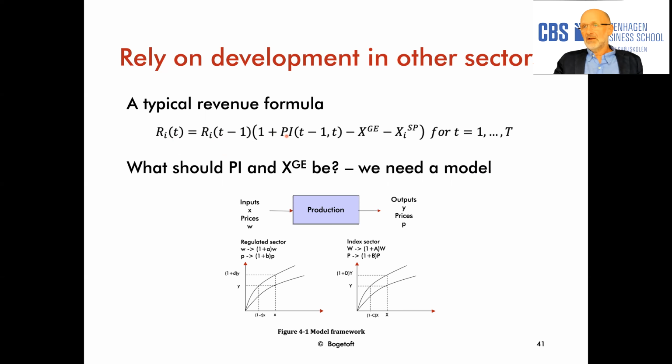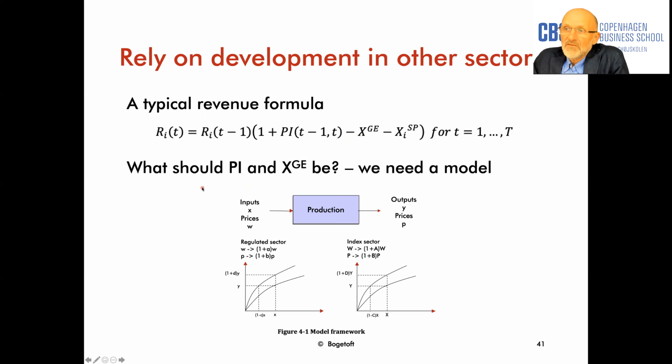I subtract this general productivity development, which is supposed to capture frontier shift, and then my individual requirement. Now the question is, how can you find a price index, or which price index should you use, and how do you set this X factor? Actually, the price index you use will have an impact on how you should set this X factor, and I'll try to explain that.